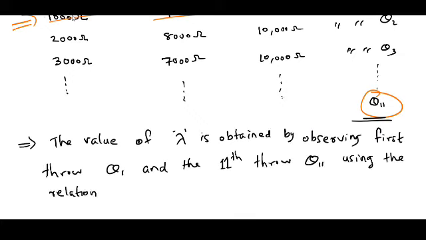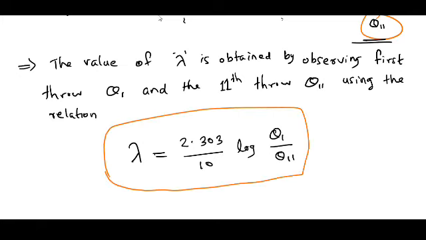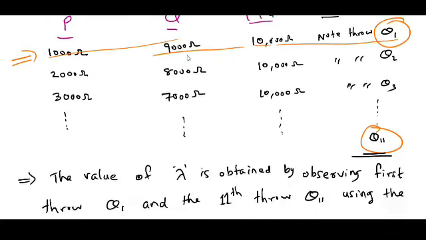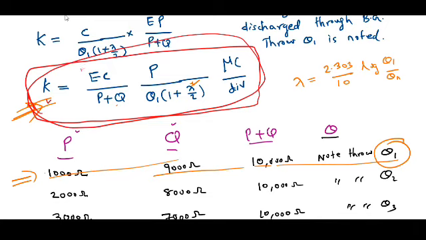In this way you can find the value of lambda, and if you know the value of lambda and theta 1, then you can easily find the charge sensitiveness of the BG using this expression, because the values of E, C, P, Q are known already.